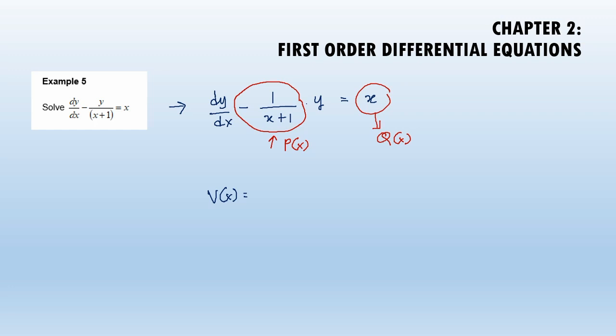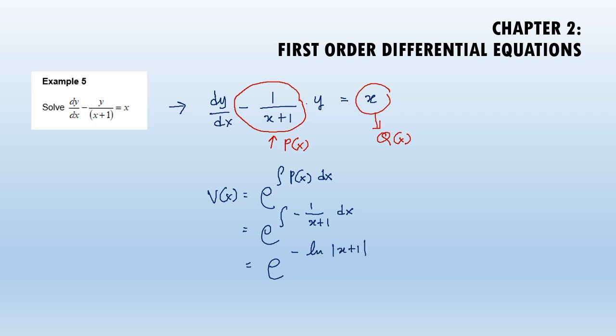So to find the integrating factor, we use the formula e power of integrate of p of x dx. As we identify the p of x is negative 1 over x plus 1, so the integrations of negative 1 over x plus 1 we have as negative ln x plus 1.